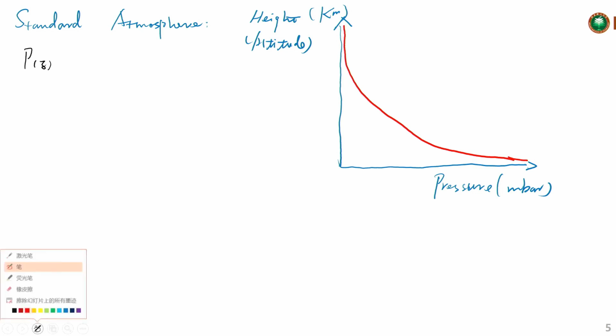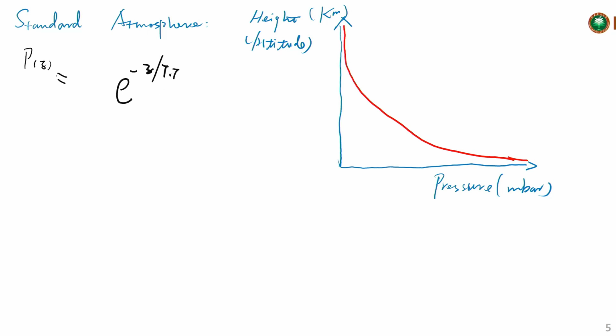There is a formula to express the relationship with the height H: it decreases exponentially, so it can be expressed like this. It evolves exponentially, and it has an initial pressure when the height equals 0.